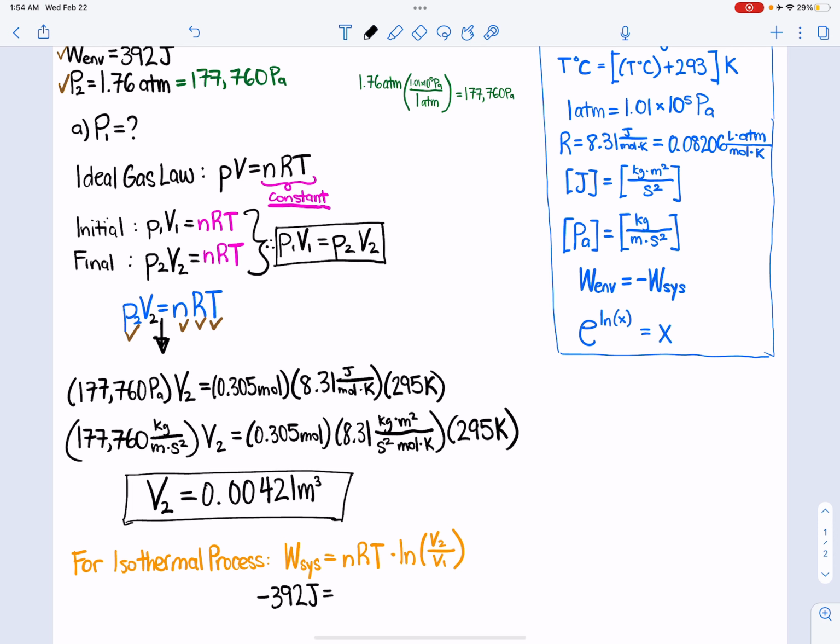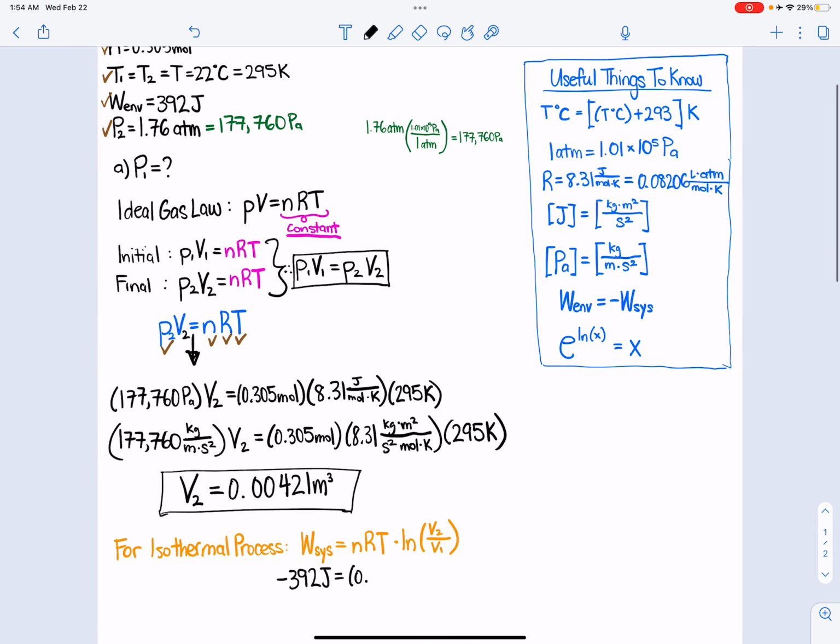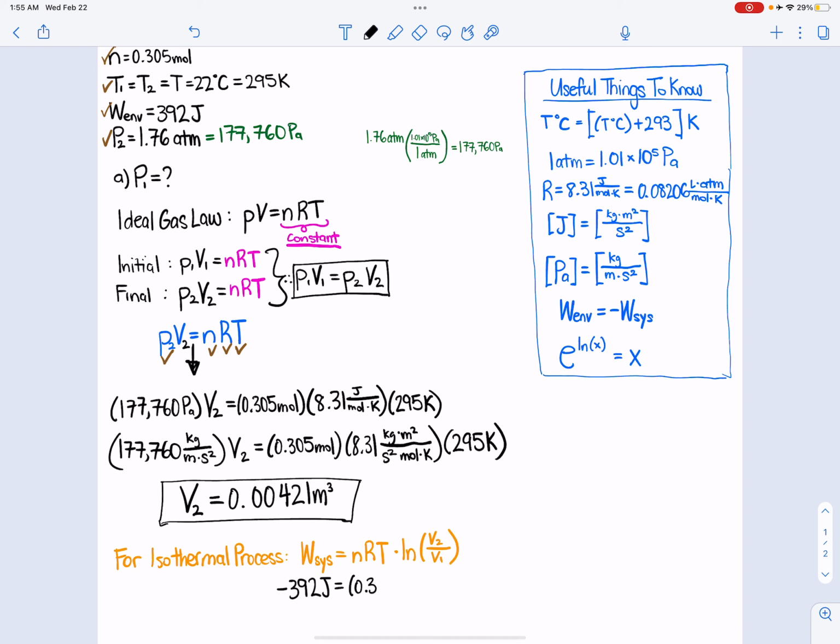Okay, and that is equal to N, which is 0.305 moles, times R, which is 8.31 joules per mole times Kelvin, times 295 Kelvin. That's my temperature in Kelvin. And times the natural log of V2, which is 0.00421 meters cubed over V1, right? I don't know what my V1 is.